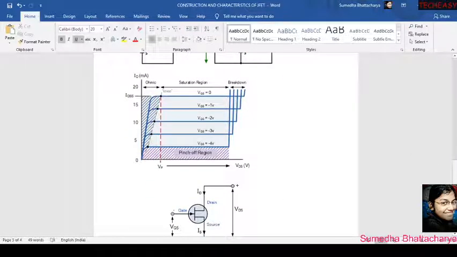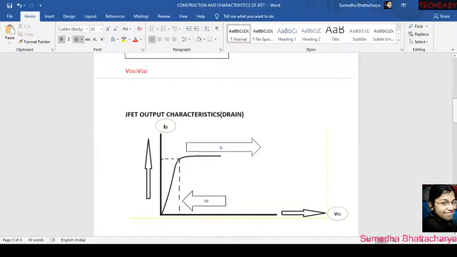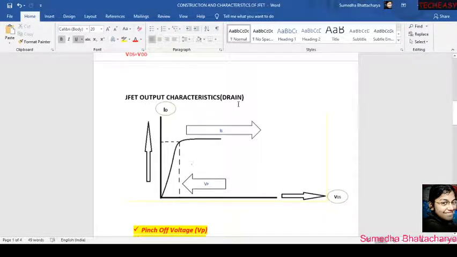and the reason will be clearer if you see these drain characteristics. Here you can see that this is the VDS, this is the ID, and this is the VGS. Now see, in the previous class I told you that only for VGS equal to 0 the current will first increase, up to the pinch off voltage, and after the pinch off voltage the current will saturate.